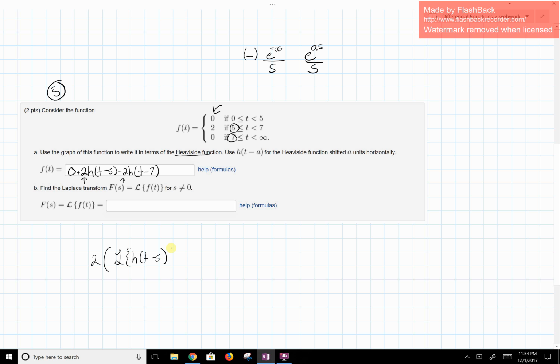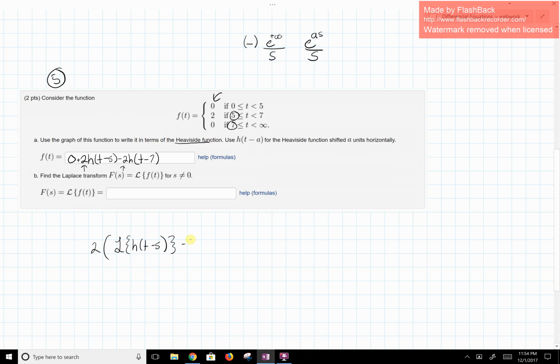And if you notice, I'm going to separate these two like a complex Laplace transform to make it a lot easier to solve. And then it's minus the Laplace transform of the Heaviside function t minus 7.